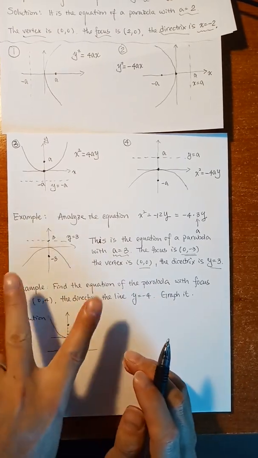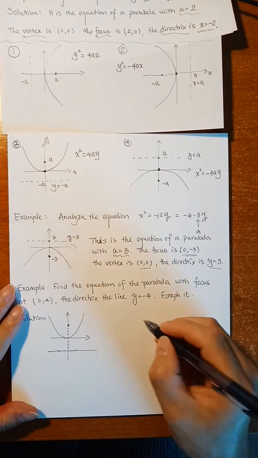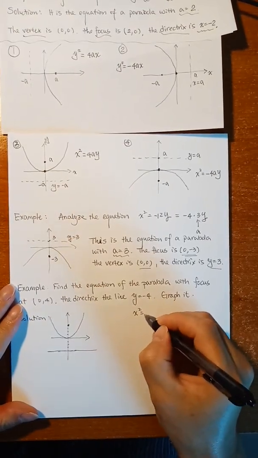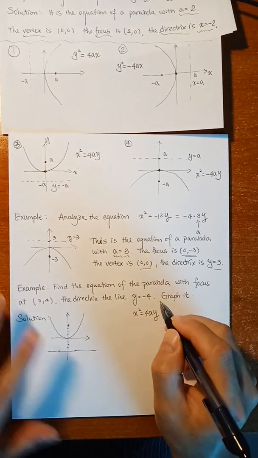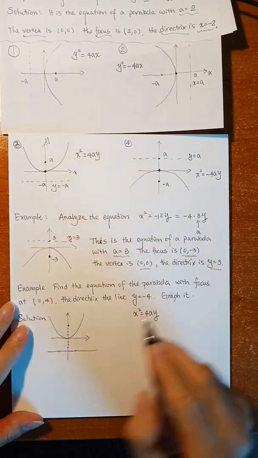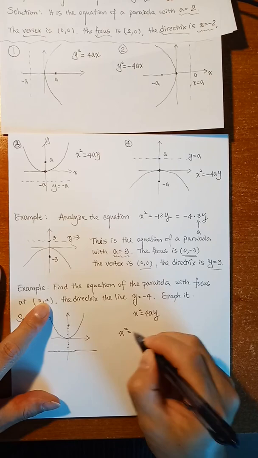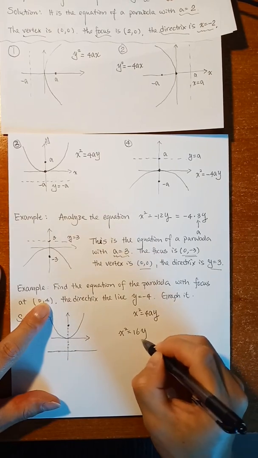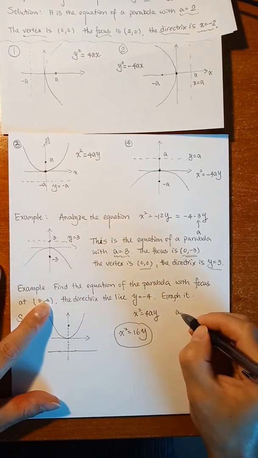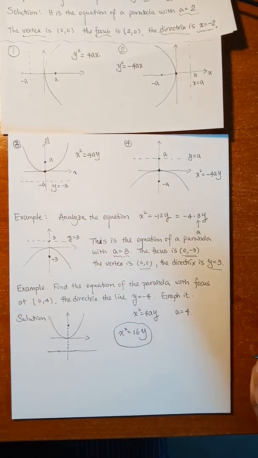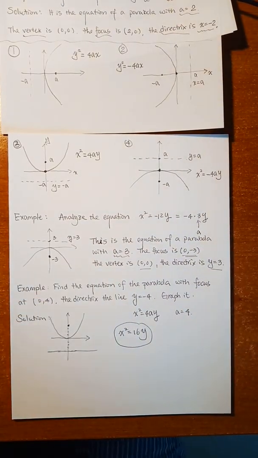You see it's open up. Open up, x squared equal to 4ay, positive y. What is a? A is 4. So the equation is x squared is equal to 4 times 4, 16y. That's it. That is the equation. Very simple.